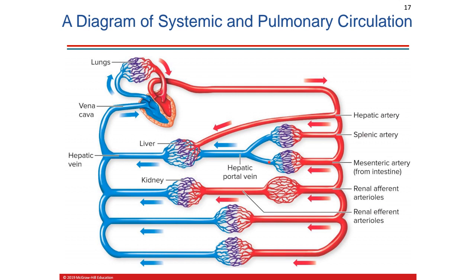And so blood from there goes, again, through the hepatic portal vein and to the liver. This makes sense because, of course, a lot of nutrients are picked up by the gastrointestinal tract, perhaps some toxins and so forth also, and those would go next to the liver for processing.